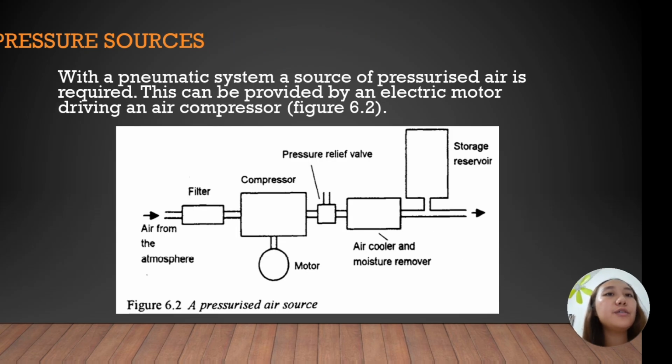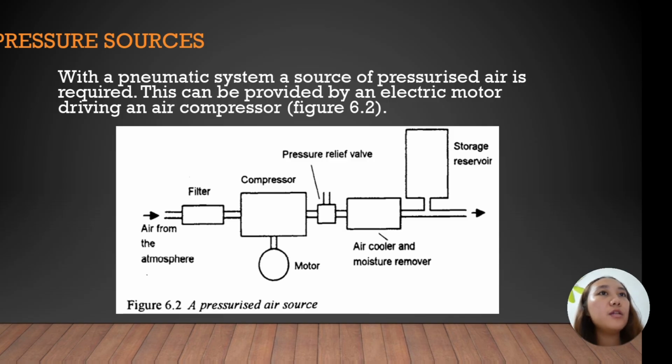Next, pressure sources. With a pneumatic system, a source of pressurized air is required. This can be provided by an electric motor driving an air compressor. As shown in figure 6.2, a pressurized air source generating operational pressure requires careful conditioning.